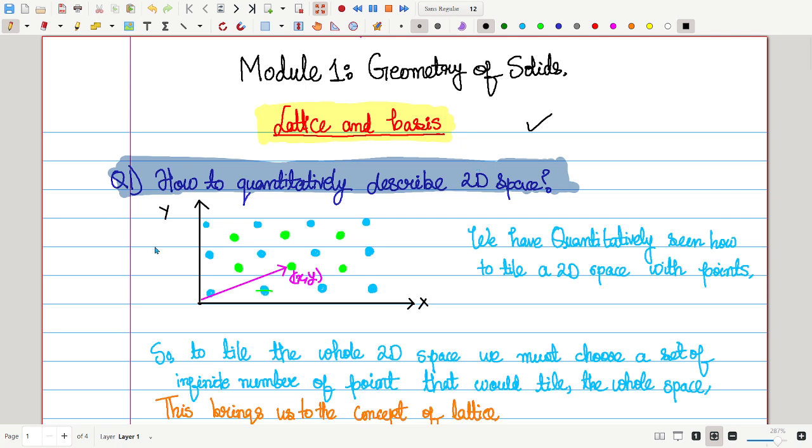In this picture, we are seeing that there is a point, the green point, labeled as x comma y.